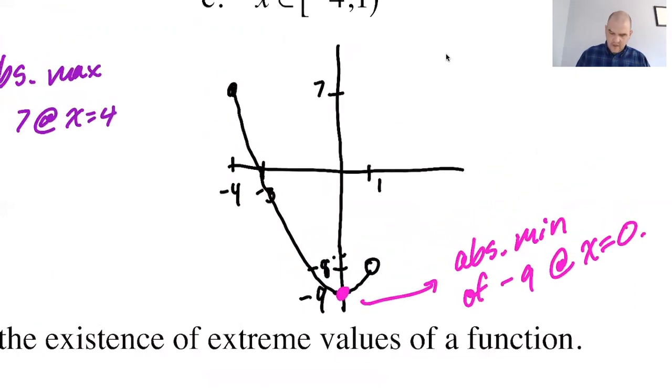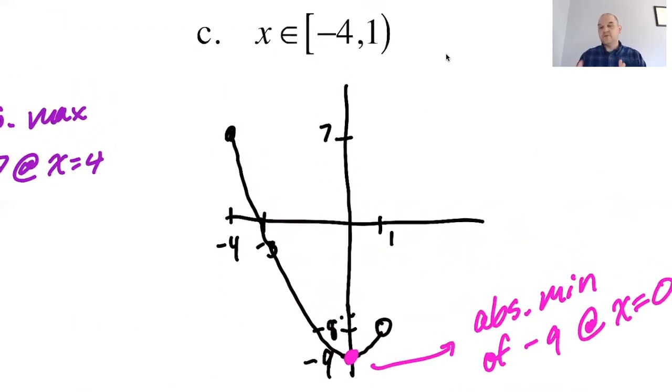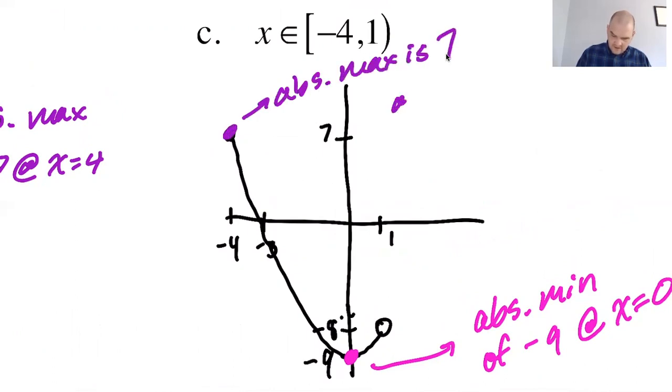If you look, we also have an absolute max. There is no y value that will ever be bigger than 7, but you get to 7. So the absolute max is 7, and it occurs at x equals -4.